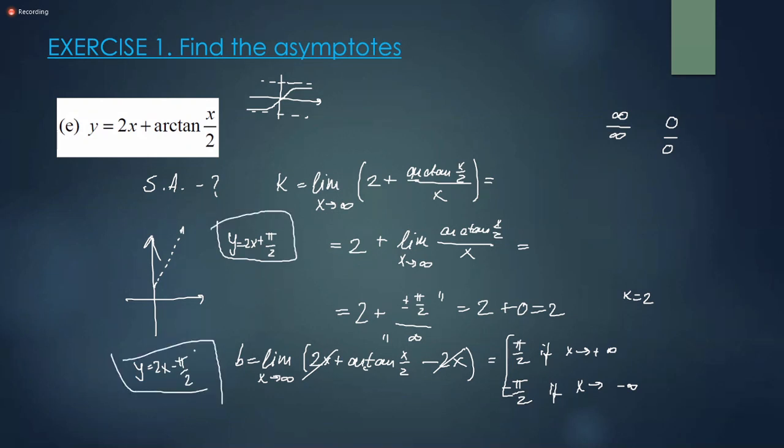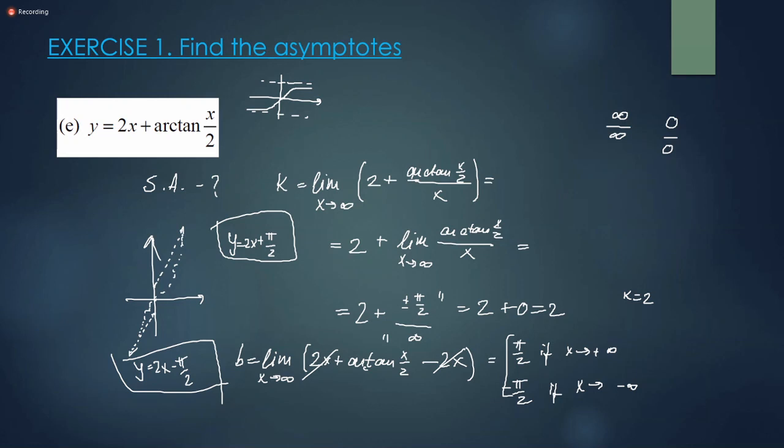That is minus pi half approximately here, so it would go like this. And the graph itself evidently would do something here in between, but in the end it would approach one line and the other line.